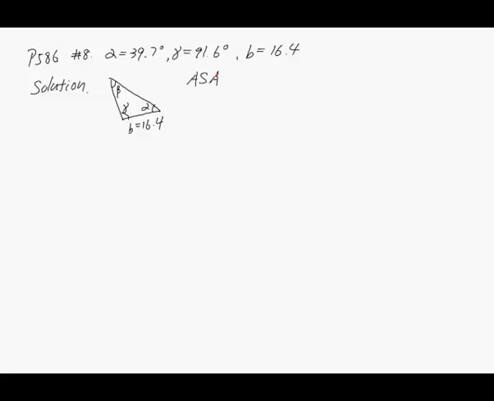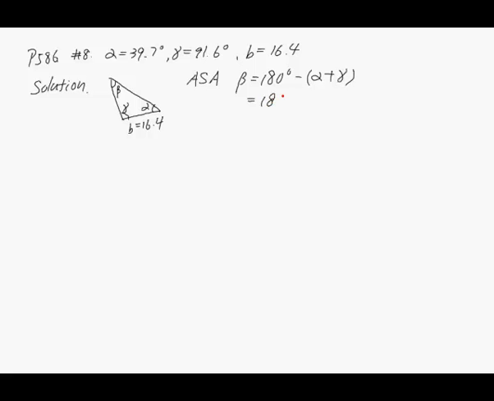So first, we may use the property that the sum of the three angles of a triangle is equal to 180 degrees to find beta, right? The degree measure of beta. So beta is equal to 180 degrees minus the sum of alpha and gamma.